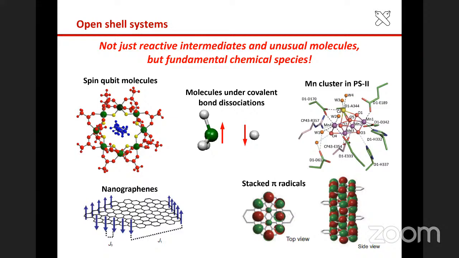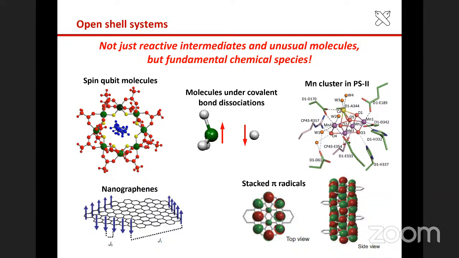There are many open-shell molecules, like this manganese cluster, which is used as a spin qubit. Actually, this molecule has a spin doublet ground state, S equals 1/2. So this molecule can be used as a qubit because a spin-1/2 system has 2 sublevels, I mean up spin and down spin.